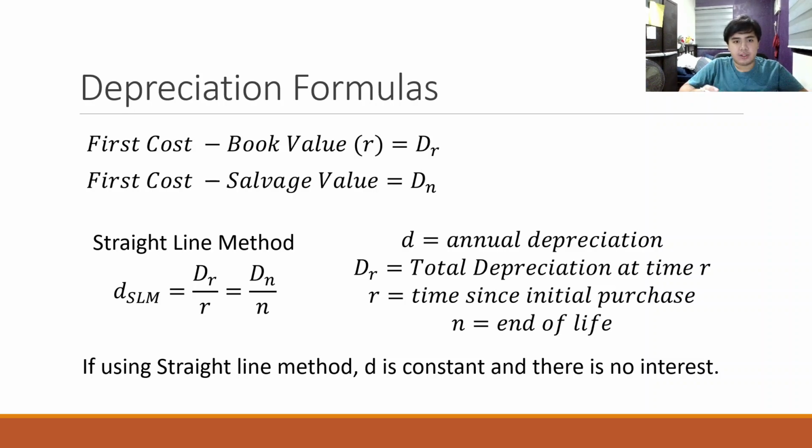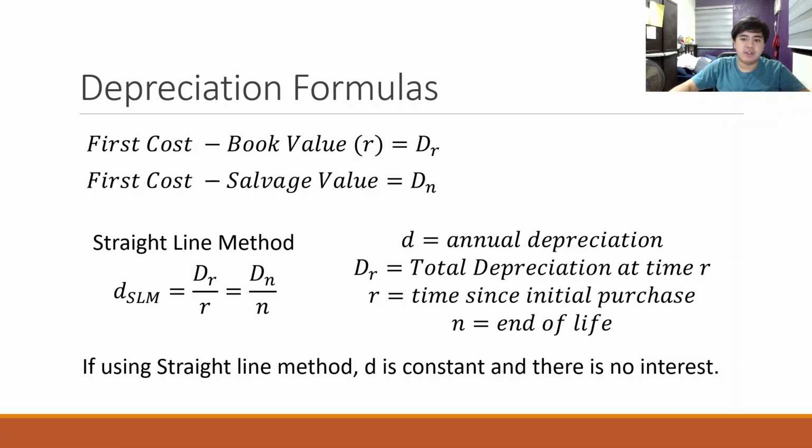For the straight line method, the formula for annual depreciation is the total depreciation at time R over that time R. Or if it's at the end of life, it's just N instead of R.